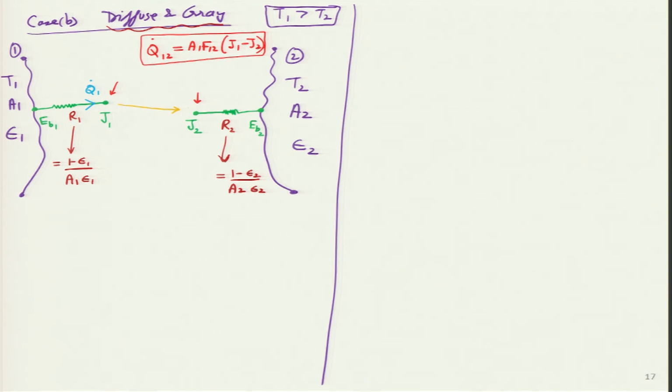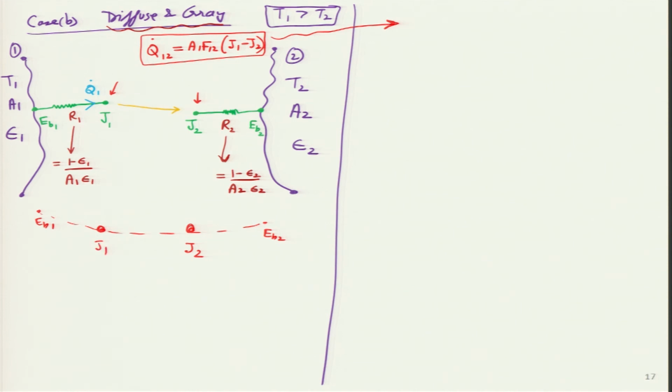Then I will ask a question to the student, but first I will give a little time to understand what we have done over here. Instead of calculating the heat transfer between point EB1 and point EB2, which are these 2 points, because for gray bodies they are actually after some resistance, what is the point which is obtained after some resistance? That is this J2 over here and J1 over here.